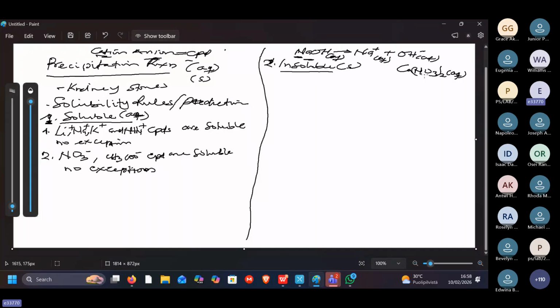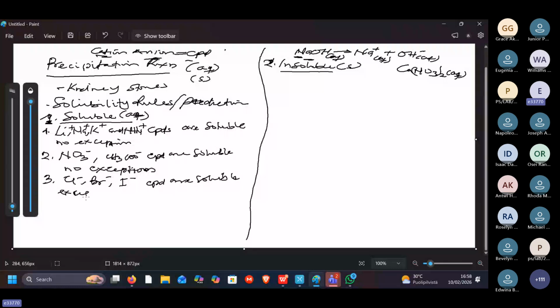Is that okay? Number 3 is the halogens. Because of the reactivity of fluorine, we don't normally engage that. So compounds that have these halogens, chlorine, bromine, and iodine, or the iodide, that's a halide, are also soluble. Such compounds are soluble, meaning they will be in the aqueous form. But this time there's an exception to that rule.